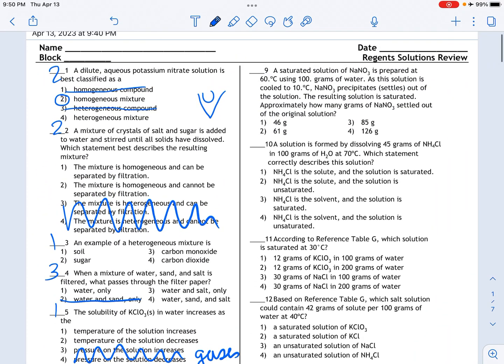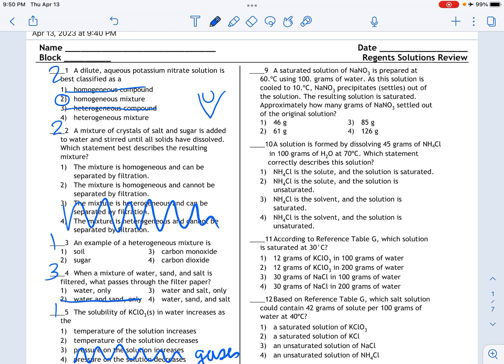Okay. A saturated solution of sodium nitrate is prepared at 60 degrees Celsius using 100 grams of water. As this is cooled to 10 degrees, the sodium nitrate will settle out, and then it becomes saturated. How many grams will be settled out of the original solution?